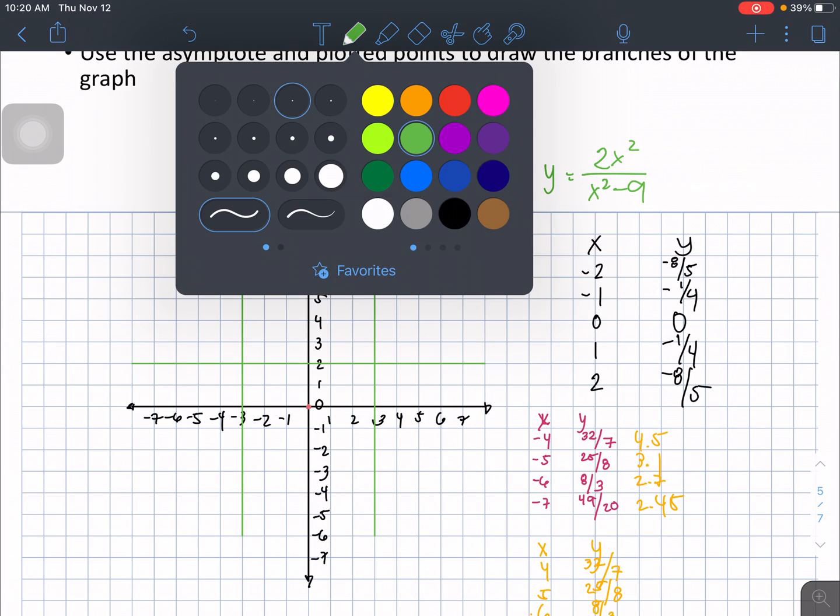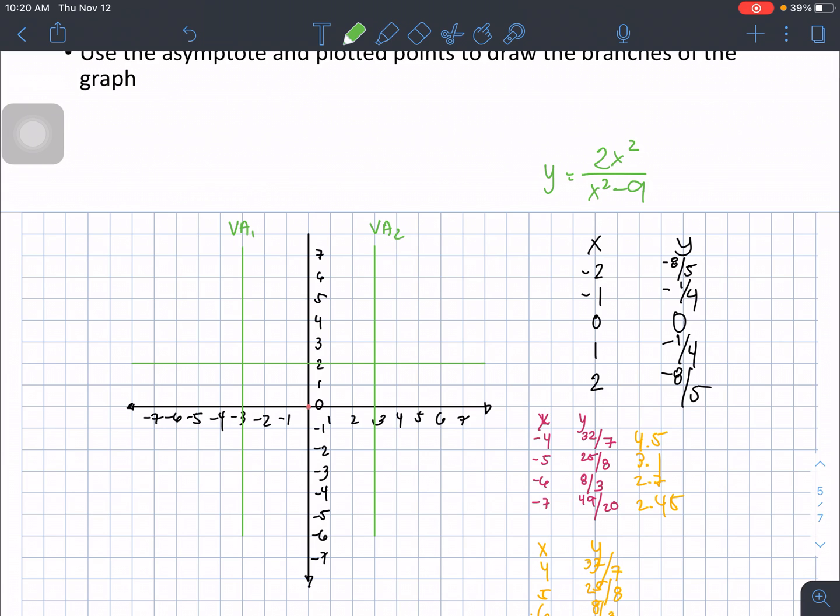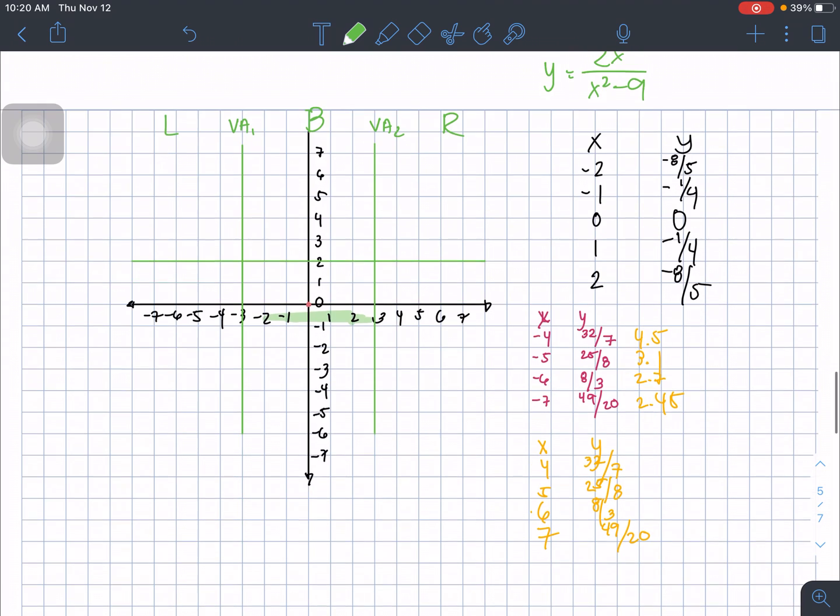Those beyond, from left and right, and from the middle, between these vertical asymptotes. So let's start with between. This will be negative 2, negative 1, 0, 1, 2, between the two vertical asymptotes. Substituting those values of x will give you these values of y.